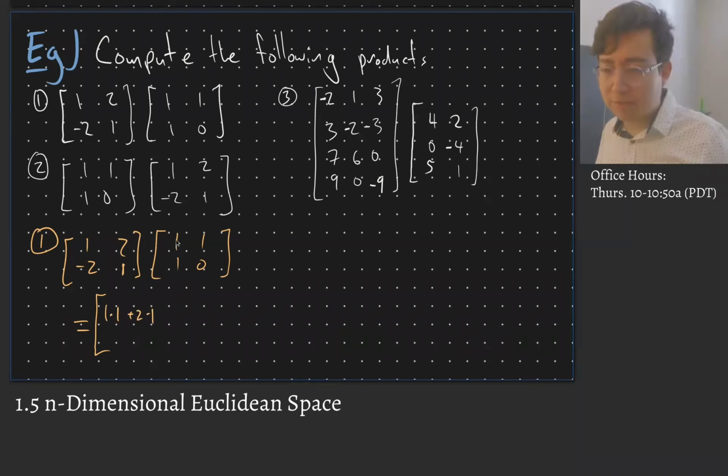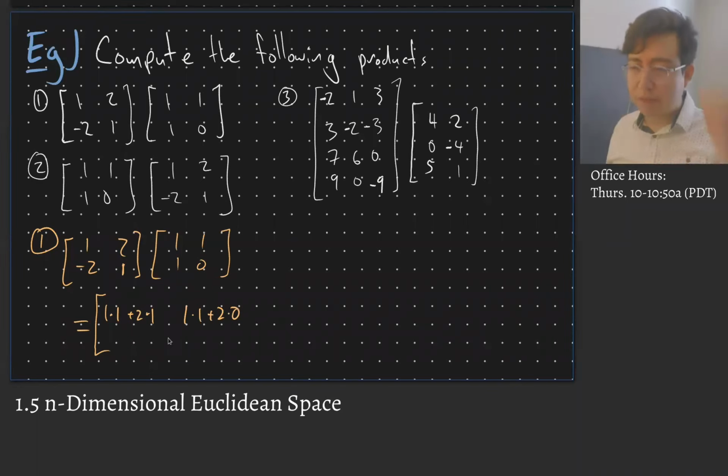Now if I want the first row, second column, I still take the first row of the first matrix, and now the second column of the second matrix. So 1 times 1 plus 2 times 0.